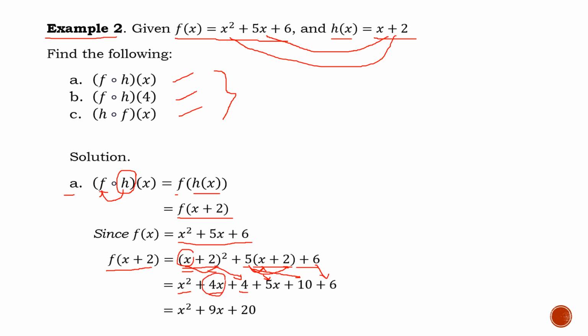So 4x and 5x, they are both positive numbers, so we can add them so that it becomes positive 9x. So 4, 10, and 6, they are positive numbers, so we can add them. So 4 plus 10, it's 14 plus 6, it's 20. Positive 20. So our final answer for this one is x squared plus 9x plus 20.